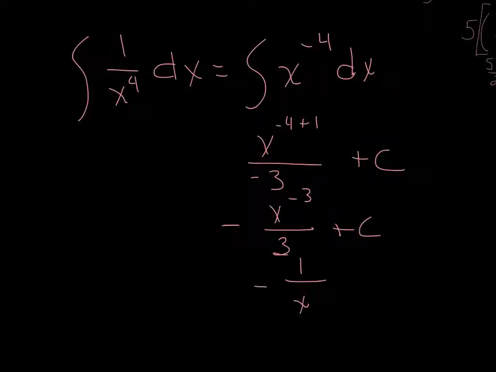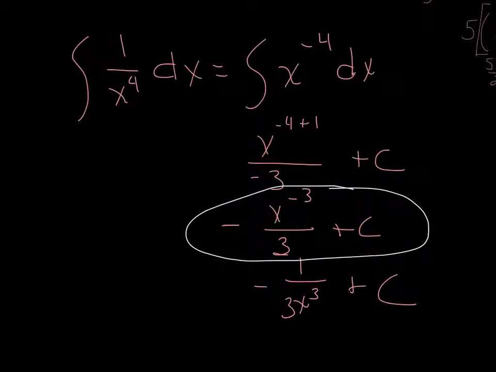We don't like to leave negative exponents. If we take the derivative, say from this step, what would you get? Negative 3 times negative 1 is a positive 3 over 3, so those cancel. And negative 3 minus 1 is negative 4, so we got what we started with.